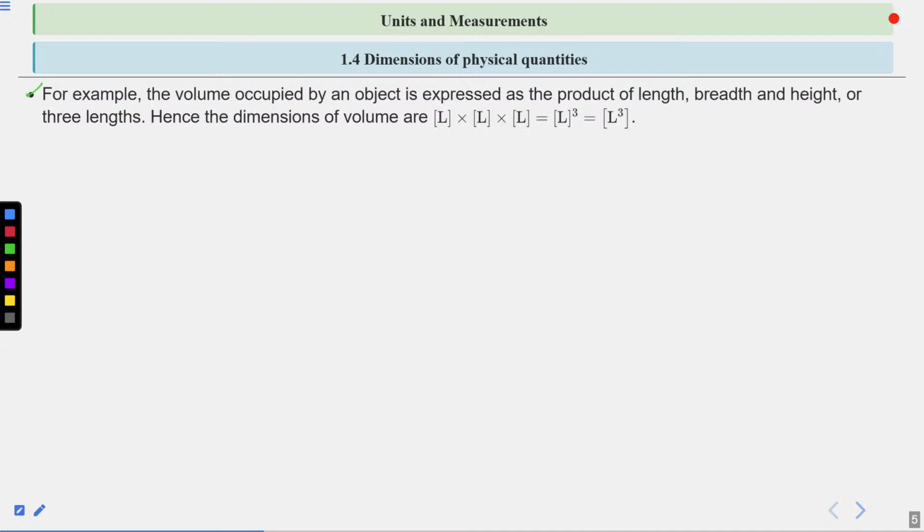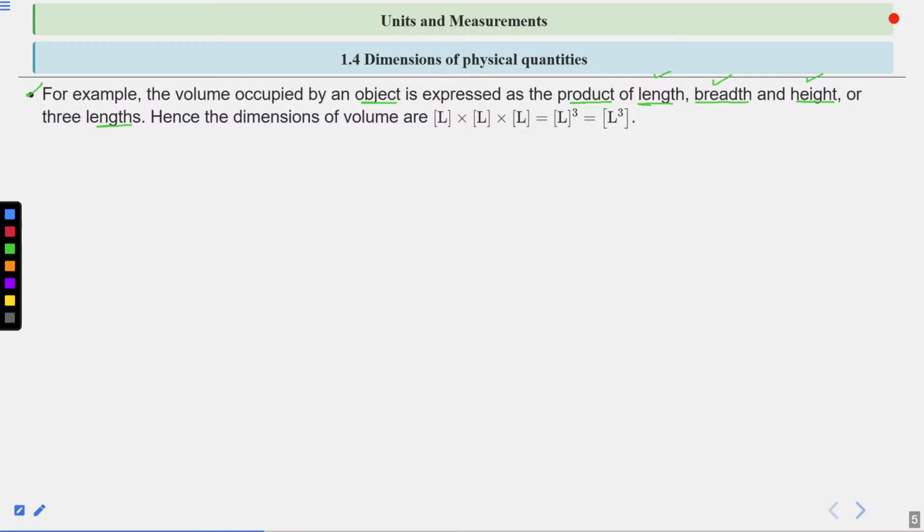For example, the volume occupied by an object is expressed as a product of length, breadth and height, or three lengths. It means length, breadth and height, all these three are also known as length.